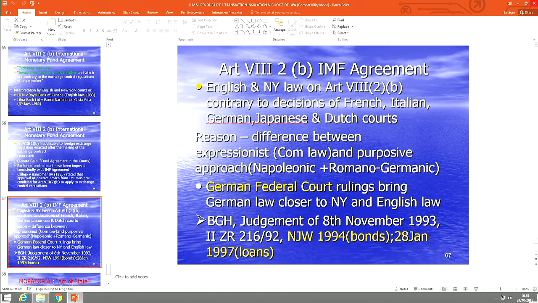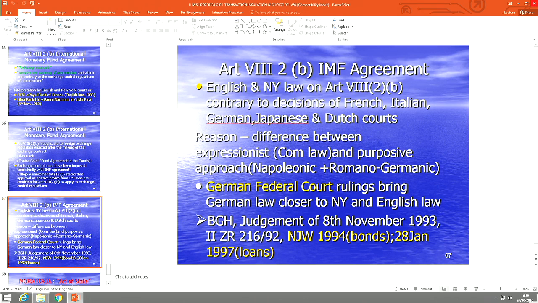But that's not the end of the story, because the German courts and others have gone in a different way. Twenty years ago, the German Federal Court was faced again with this Article 8.2b problem, once again in relation to bonds and loans in the markets. And there the German court moved away from its very strict application.